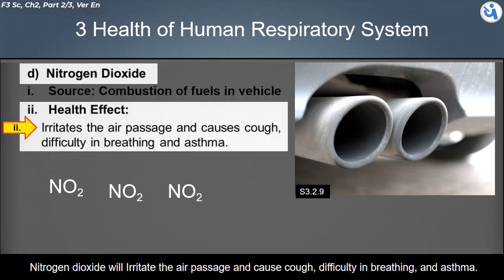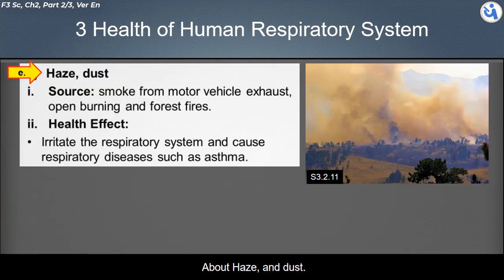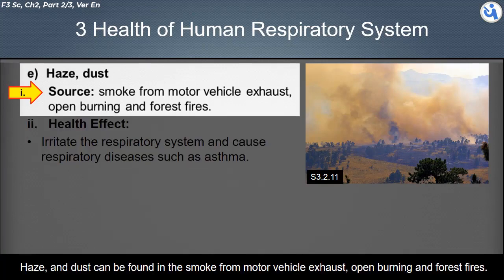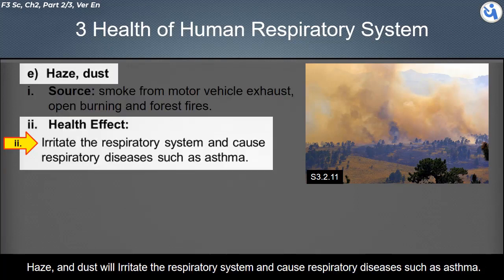Nitrogen dioxide will irritate the air passage and cause cough, difficulty in breathing, and asthma. About haze and dust. Haze and dust can be found in the smoke from motor vehicle exhaust, open burning, and forest fires. Haze and dust will irritate the respiratory system and cause respiratory diseases, such as asthma.